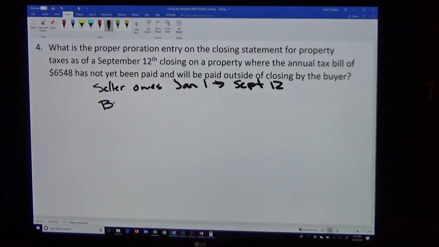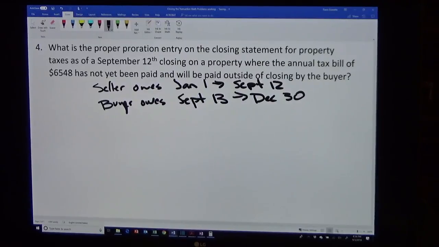The buyer owes from September 13th through December 30th, end of the year. Alright, so we're going to prorate this annual tax bill out. Let's see how many days the seller owes.